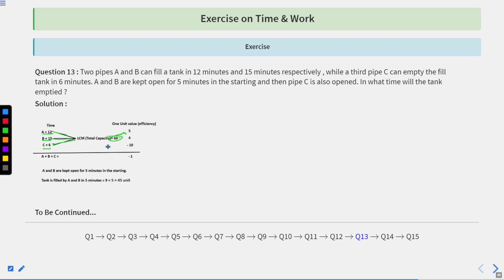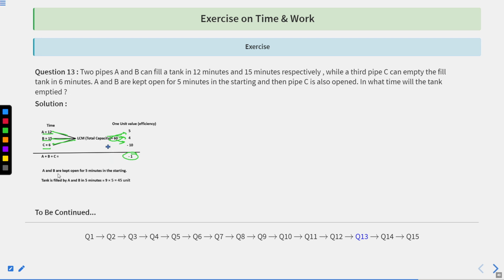And efficiency of B is 4 and efficiency of C is minus 10 because C is used to empty the tank. So what is the combined efficiency? So it is minus 1. So that means if all the 3 pipes are open, then definitely the water level is going to drop in the tank because C is working faster than A and B together.